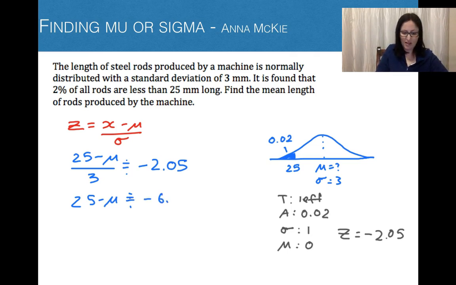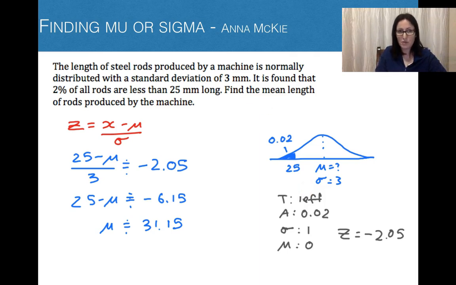We've got negative 6.15, and rearranging for mu, we've got 31.15. Again, you could always check now by using an NCD function and put in a lower and an upper bound here and see if you get 0.02 using that mean. That's a way of checking. So that was trying to find the mean length.